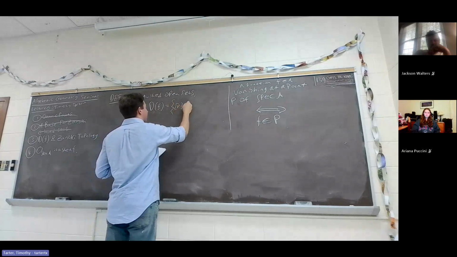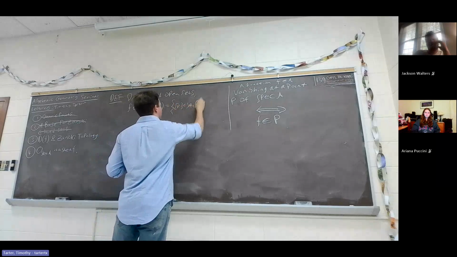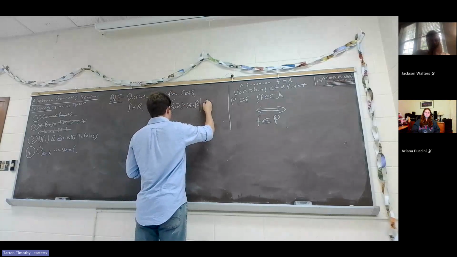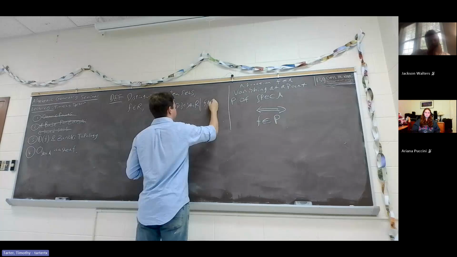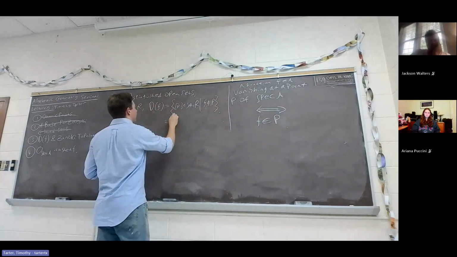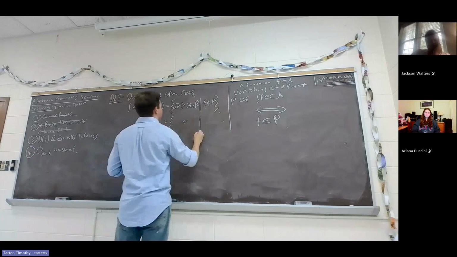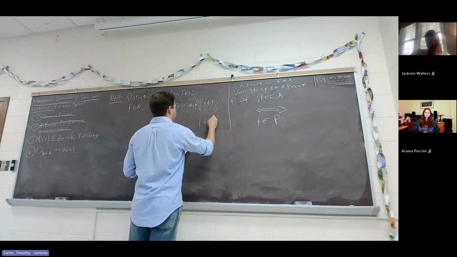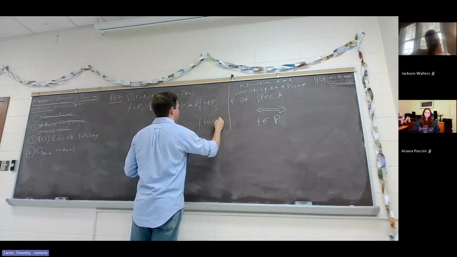So if you have F in R, we're going to define D(F) to be the set of prime ideals P in spec R such that F is not in P, or equivalently, this is the set of prime ideals in spec R such that F evaluated at the ideal is nonzero.